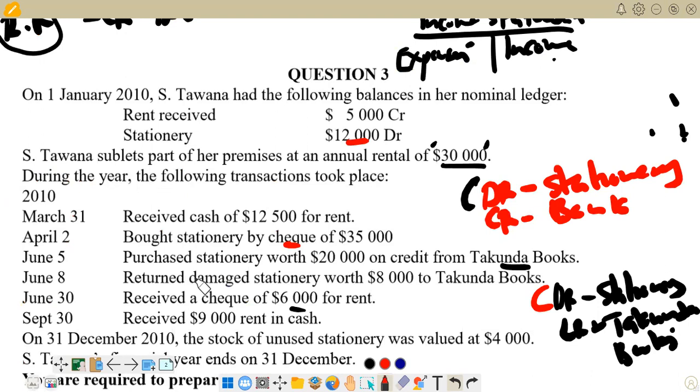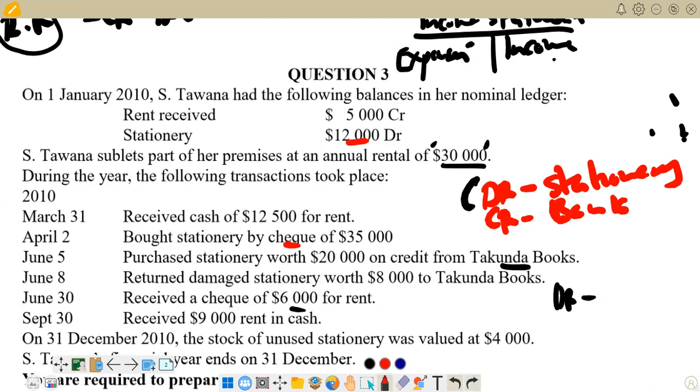Then we've got the returned damaged stationery worth 8,000 to Takunda Books. So what does it mean? When we bought the stationery, we debited the stationery account. So we are now returning the stationery. It means we are removing the stationery from our books. It means we go to the opposite side to remove it. We enter the 8,000, so we are going to credit stationery, then we debit Takunda Books.